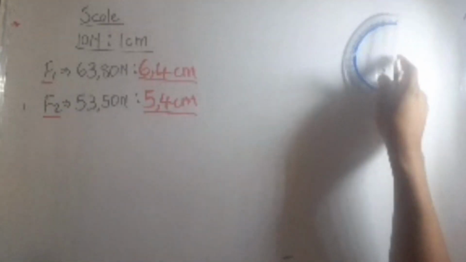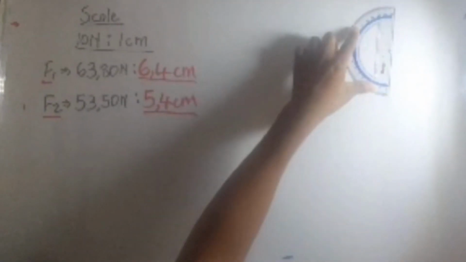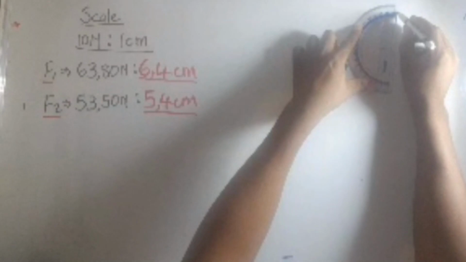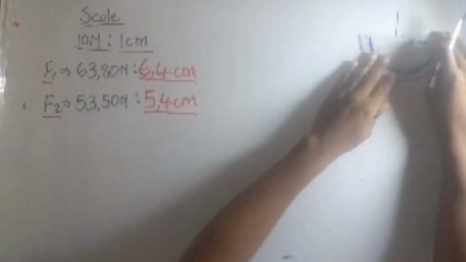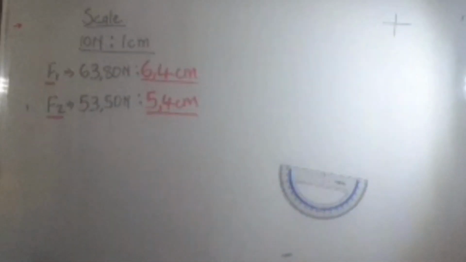So we can draw now these small vectors on a support. So the first thing now that you have to do, you take your protractor, and then you form a little Cartesian plane. Just a small Cartesian plane so that you can have a point of reference.